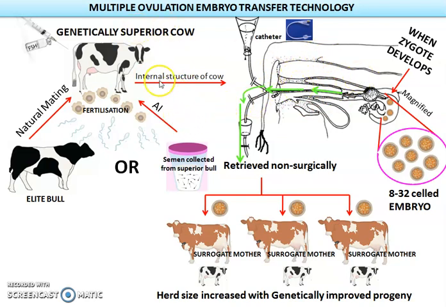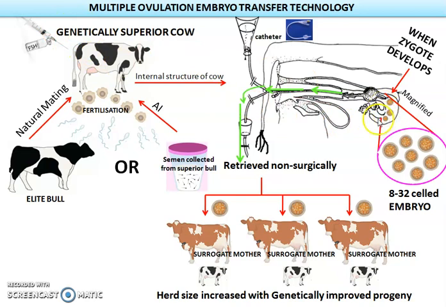So what happens is when this is fertilized, next step, zygote would be formed. When zygote develops, all those fertilized eggs should be allowed to divide through mitosis and reach up to a stage of 8 to 32 celled stage. This is magnified view of what has happened in the internal tract.